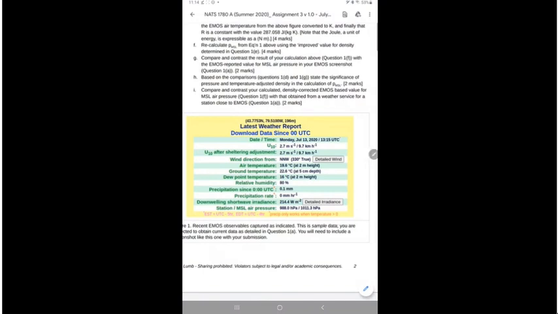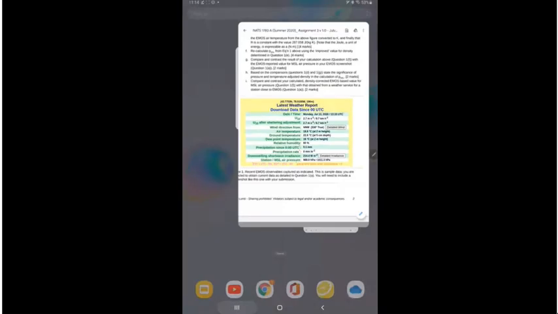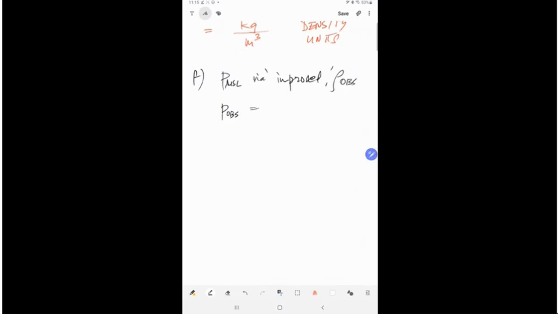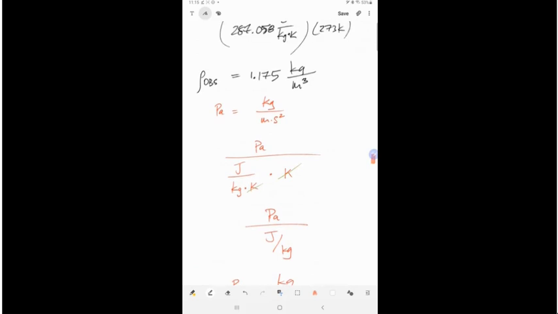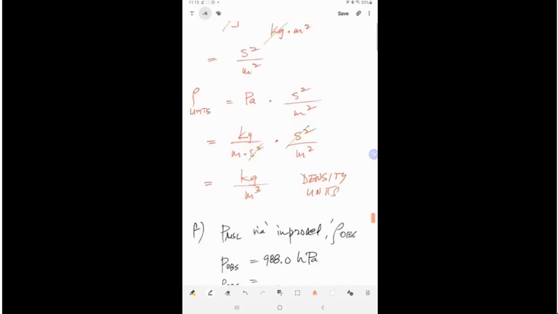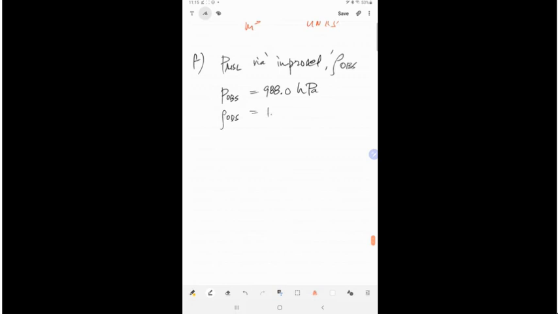It's 988.0 hectopascals. Our density is now the observed density based on the calculation that we just did, and it's right here, 1.175 kilograms per meter cubed.